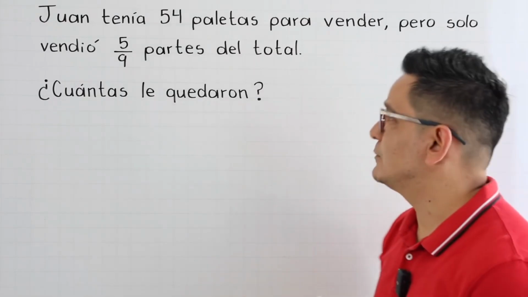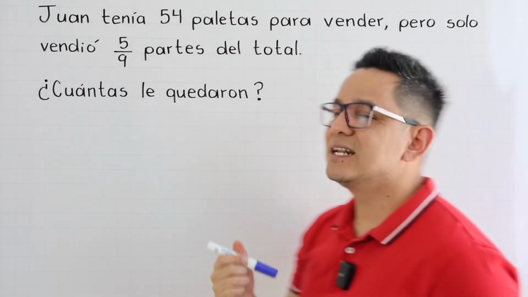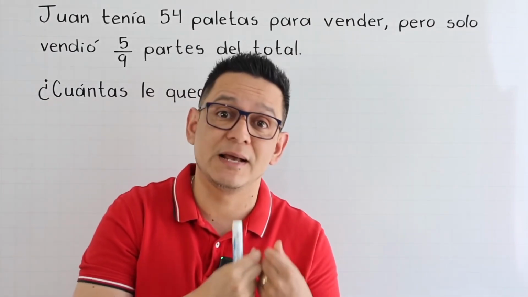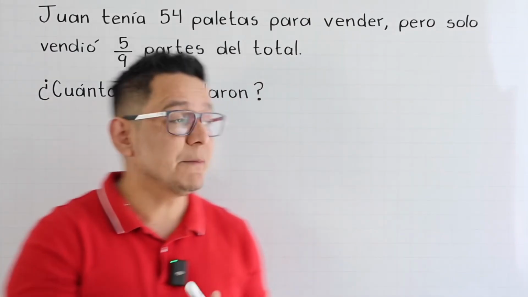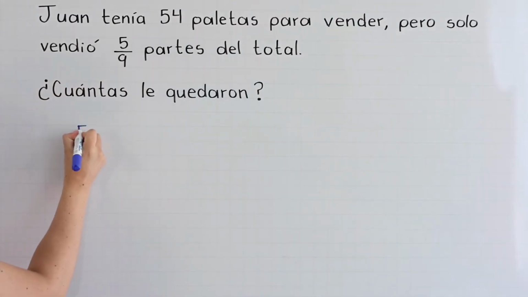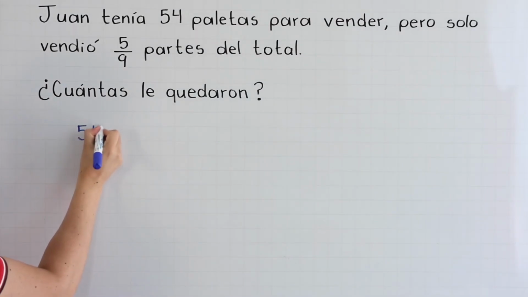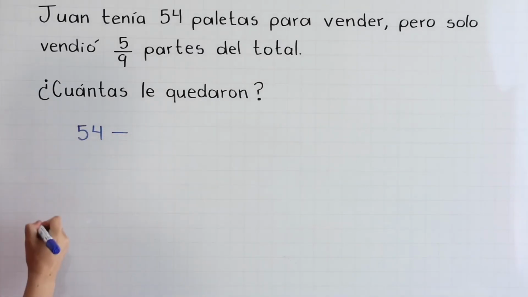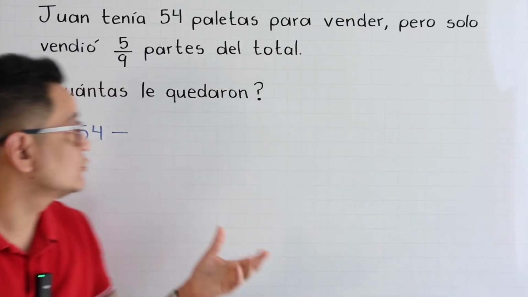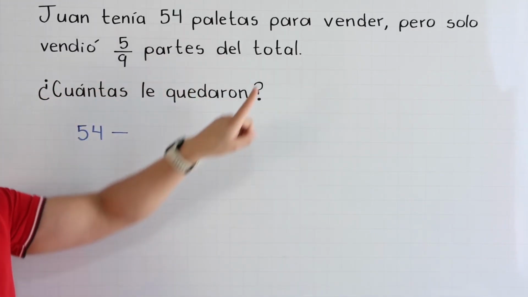So, all right, now let's solve it. Would you agree with me that to find the total number of popsicles left over, I would simply have to write the total number of popsicles I had at the beginning, which was 54. And from this, we're going to subtract the total number of popsicles that were sold. So, let's see how many were sold.